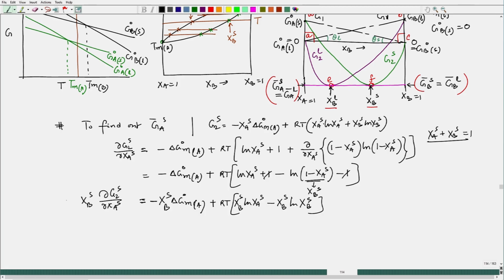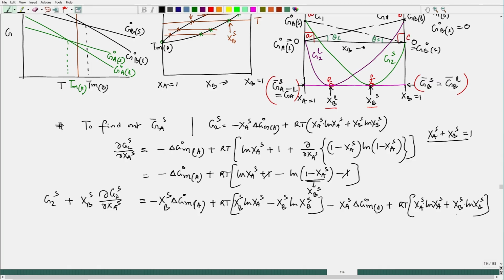Now if I add up G2 solid, so G2 solid will be minus XA solid delta GMA plus RT XA solid ln XA solid plus XB solid ln XB solid.